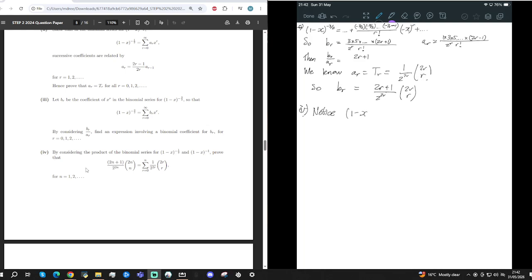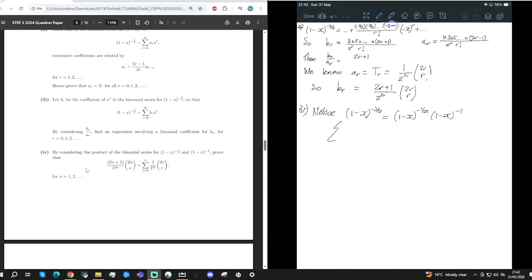1 minus x to the negative 3 over 2 is equal to 1 minus x to the negative half, times 1 minus x to the negative 1. And we've just shown in the part above that the coefficients of the first one are the things that we care about.